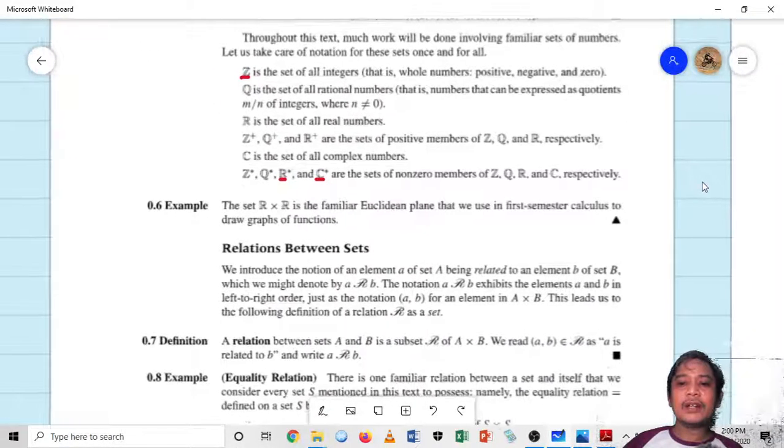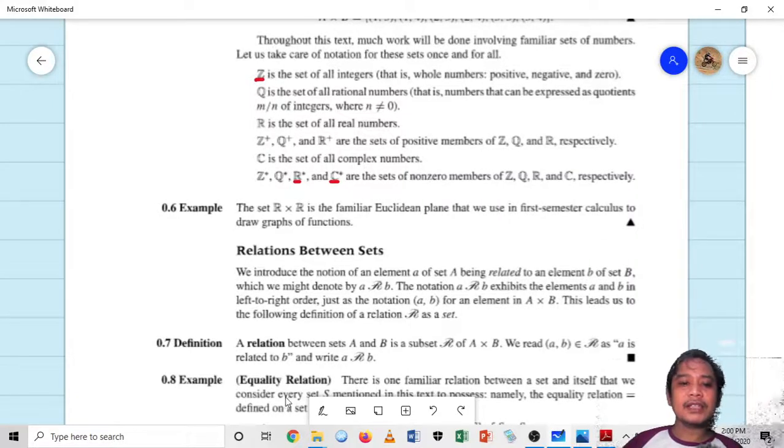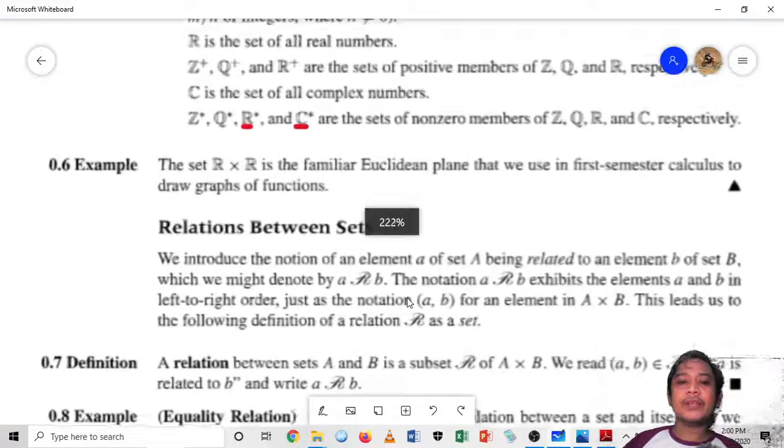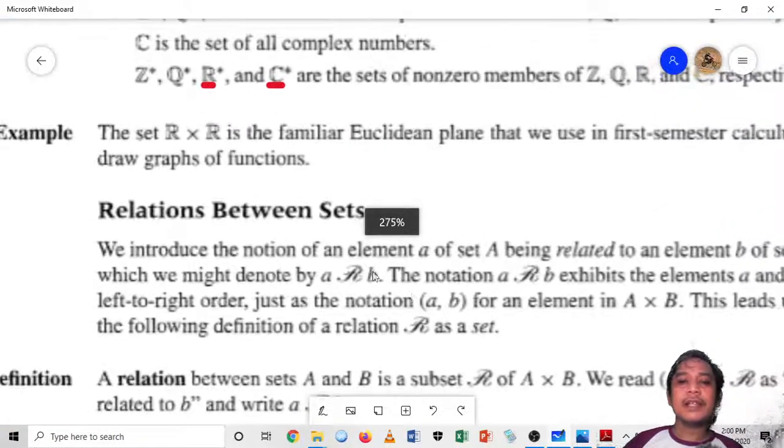Then we have a particular cross product or Cartesian product. I know you are familiar with the Euclidean plane or the Cartesian plane. Actually, the Cartesian plane is just the Cartesian product of R and itself. Okay? So that is the Euclidean plane, right?